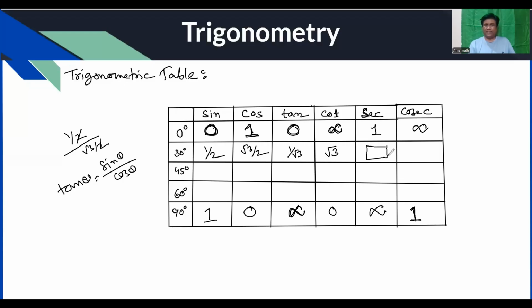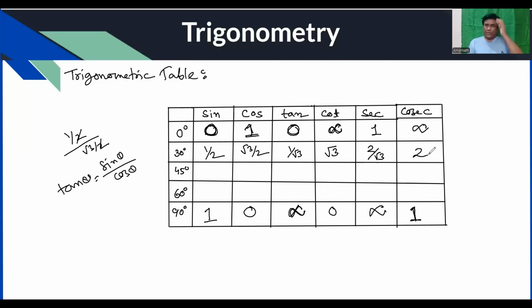Sec 30 degree will be, because you know that sec theta is the reciprocal of cos theta, so it will be 2 upon root 3. Again, cosec theta is the reciprocal of sine theta. Can you say what the value is? 2 by 1, which means 2 only.